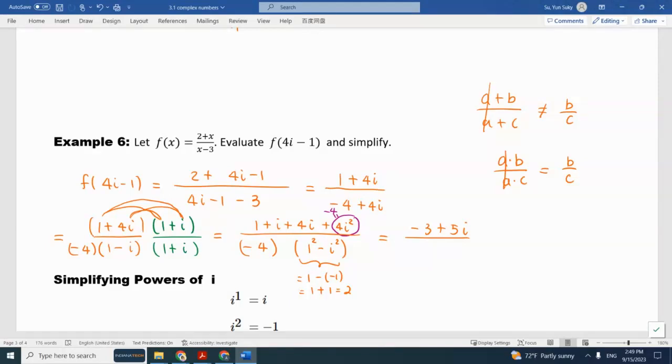What's minus 4 times 2? Negative 8. See, split them. Negative 3 over negative 8 plus 5i over negative 8. Can you cancel the negative? Yes. 3 over 8. Can you move the negative in front? Yes. 5 over 8 i. So that finished the problem.